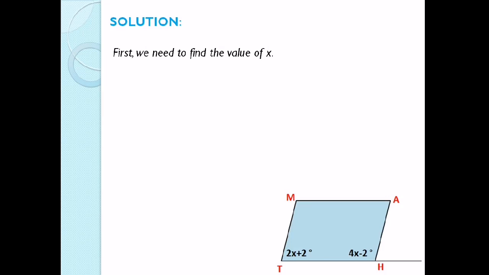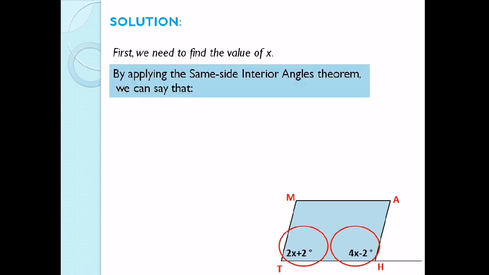So, paano natin mahanap yung value ng X? So, yung sa ating given, what is the relationship existing between the two given angles? They are same side interior angles. And according sa theorem, they must be supplementary. So, we need to apply the same side interior angles theorem.